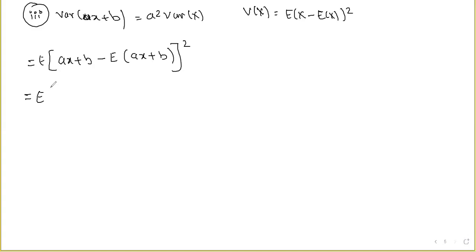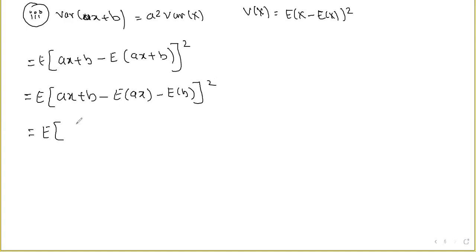So now, when we apply the expectation inside, expected value of ax plus b will be minus a expectation of x minus expectation of b, whole square.